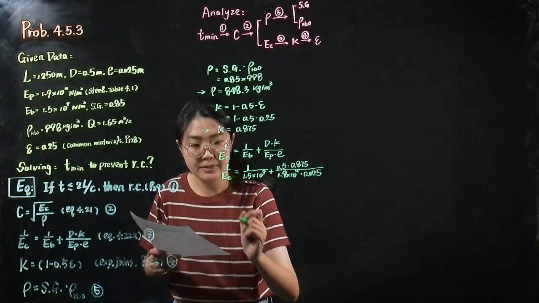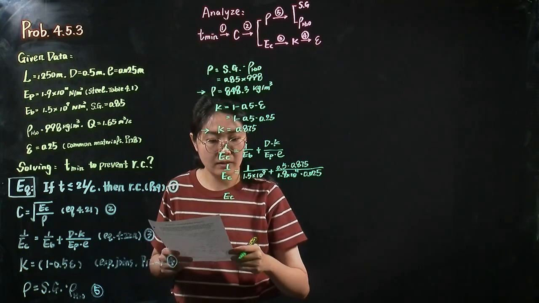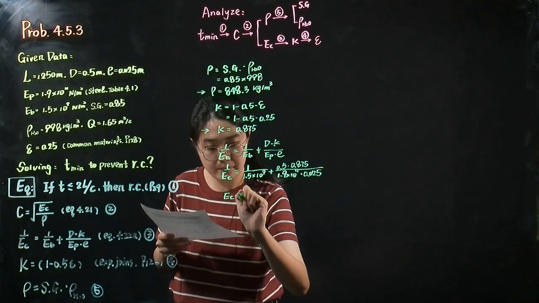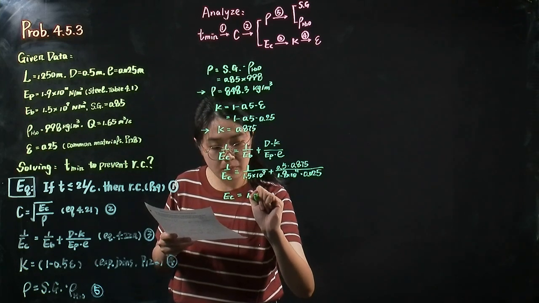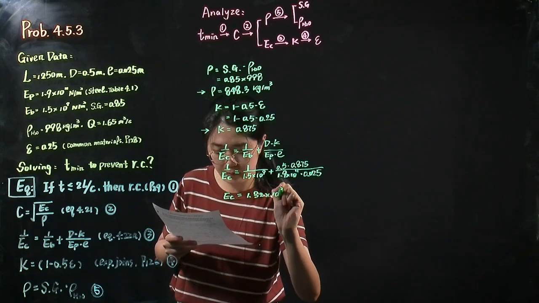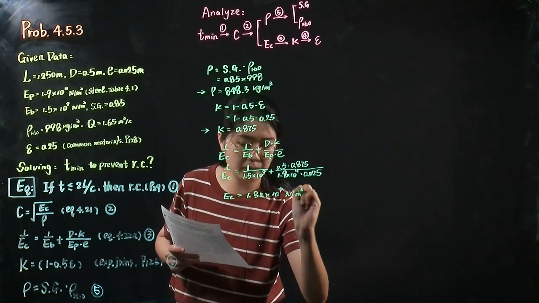Then we can get the composite elasticity of the system. It equals 1.32 times 10 to the power of 9 Newton per square meter.